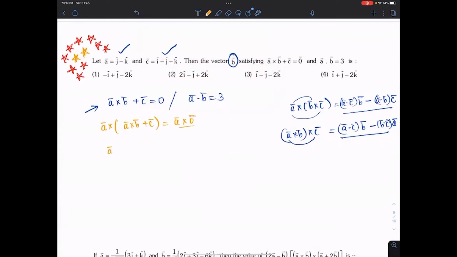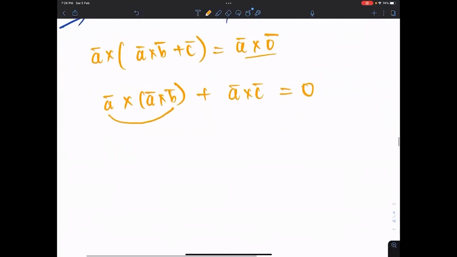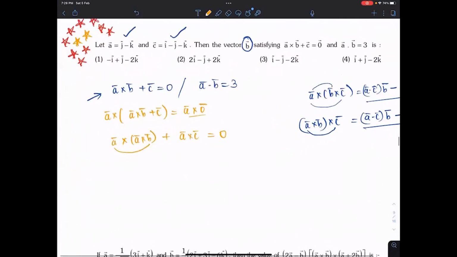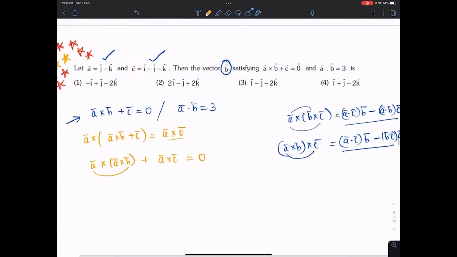So if you multiply it inside, A bar cross B bar plus A bar cross C bar equals 0. Now this one, outer dot first. What is outer dot? A bar dot B bar. Already they gave A bar dot B bar, that is 3. So outer dot will be 3.